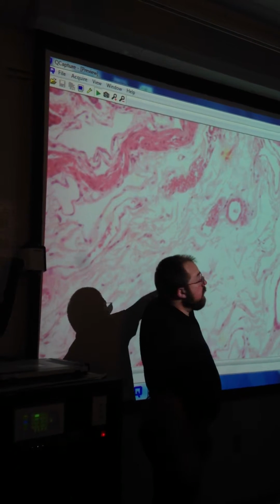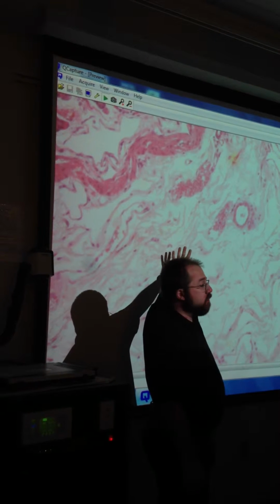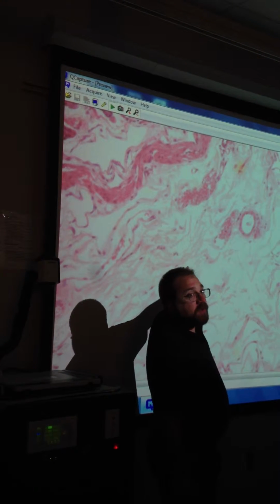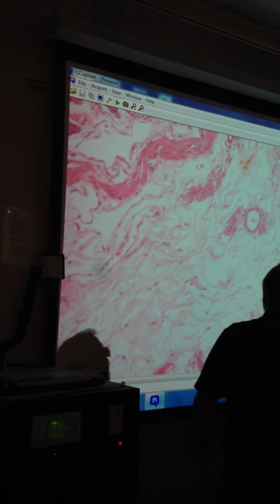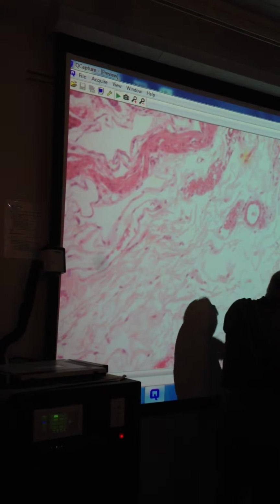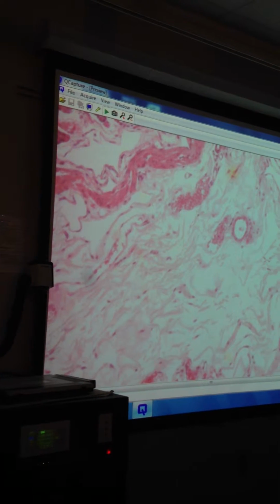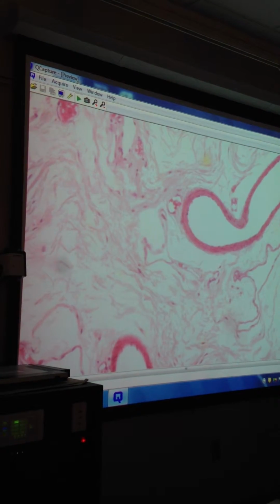Submucosa. Okay? And that's one of those big ridges. So we know that the rugae are made of submucosa. They have submucosa in their core. These things, by the way, are blood vessels.